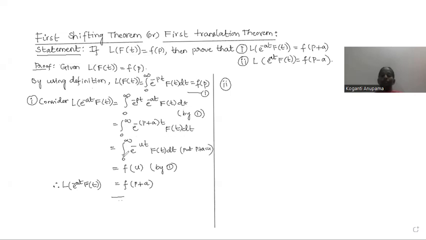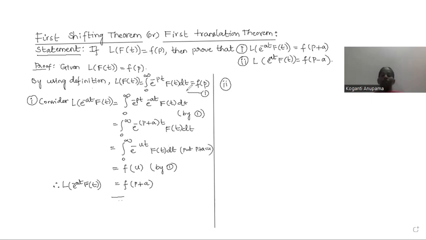In the next step, the integral from 0 to infinity. This p plus a, let us assume it as u. Then this value becomes e power minus ut. f of t dt remains the same.